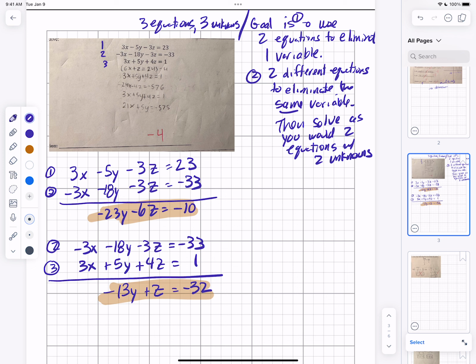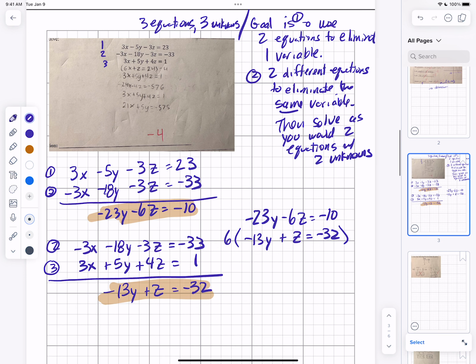So now I'm going to put these two together. -23y minus 6z equals -10, and -13y plus z equals -32. Okay, so what do I got to do here? In this case, I have to multiply the second one by 6, and then I'll be able to eliminate my z's.